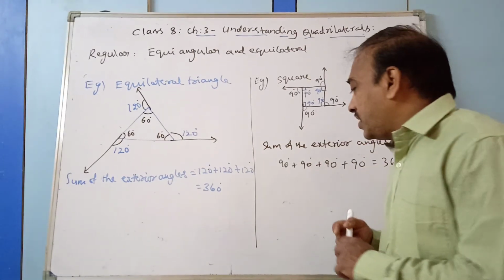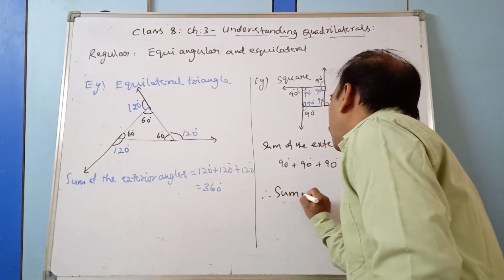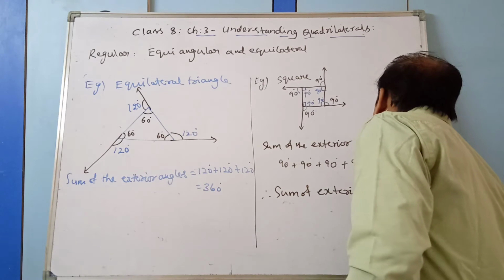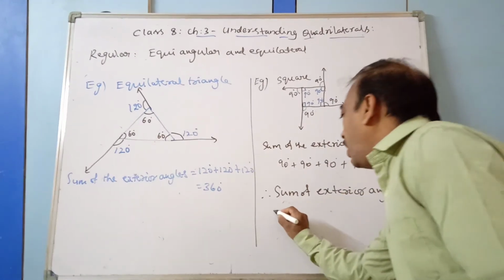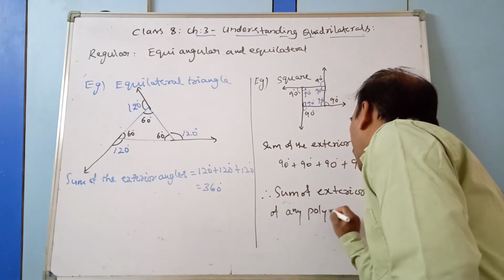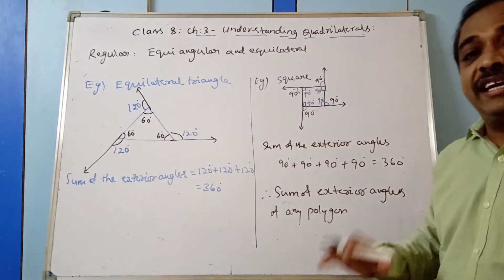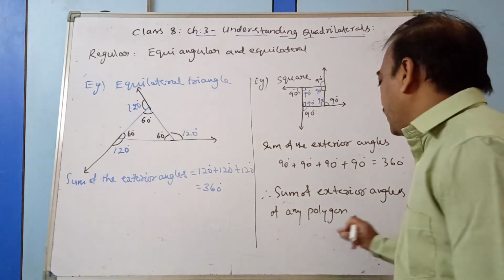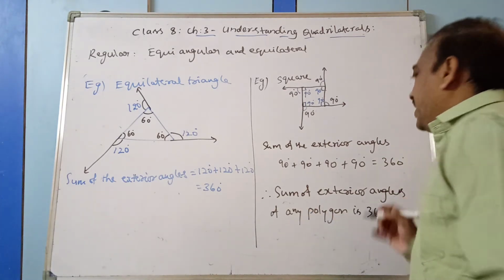So from this what can you conclude? Therefore, the sum of exterior angles of any polygon, whether it is regular or irregular, is 360 degrees.